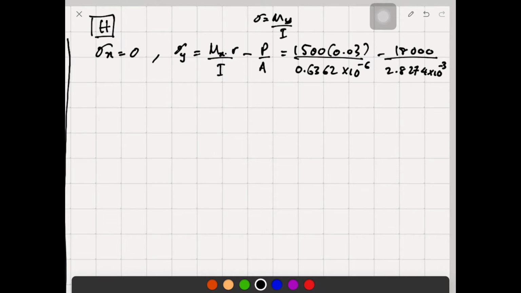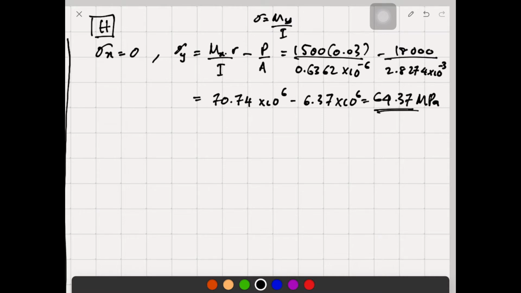Simplifying, you get 70.74 times 10 to the power of 6 minus 6.37 times 10 to the power of 6. This comes to 64.37 in megapascal, the most typical unit for structural analysis if we are working on metallic material.